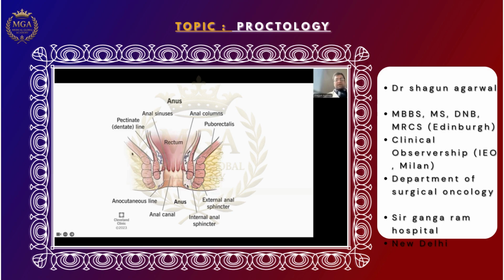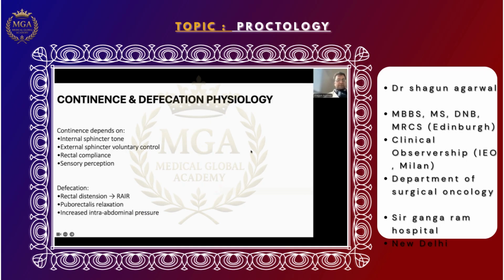That's the puborectalis muscle, that's where the canal starts, and then the rectum starts. That's the external sphincter, this is the internal sphincter, and all the diseases we'll be discussing happen around here.